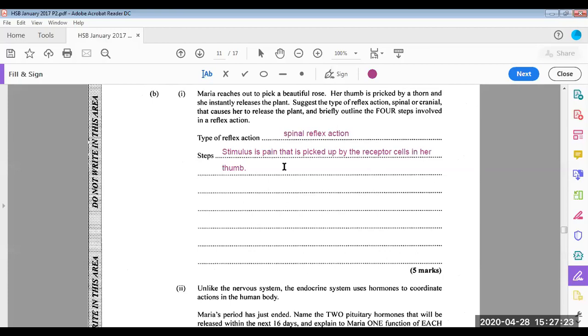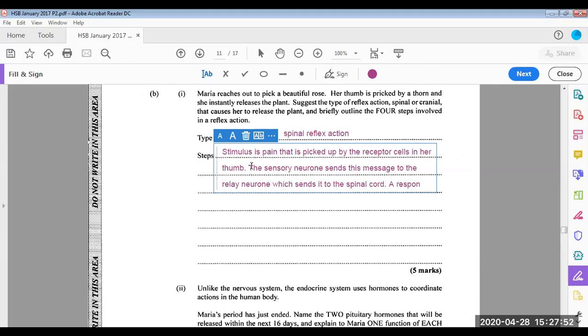So stimulus is pain that is picked up by receptor of a thumb. The sensory neuron sends this message to the relay neuron, which sends it to the spinal cord.